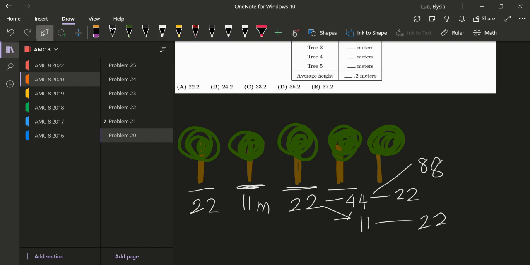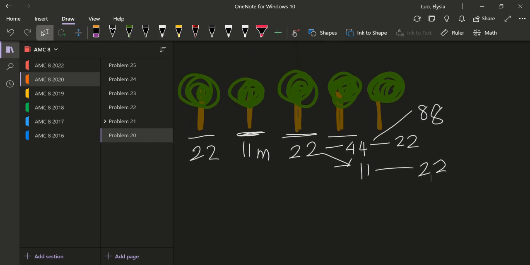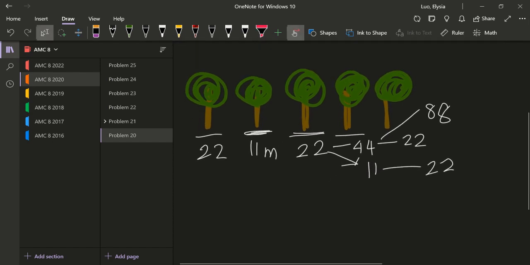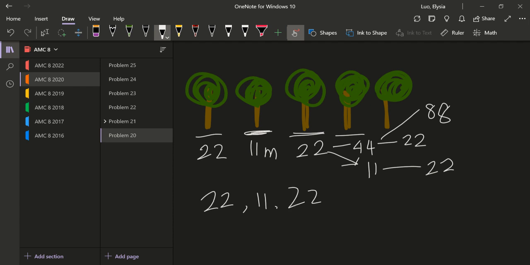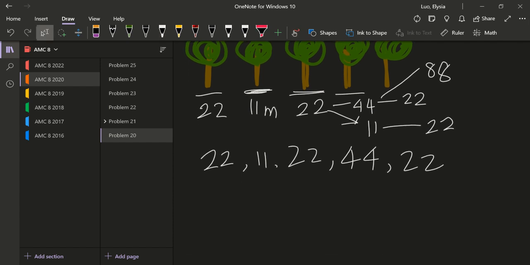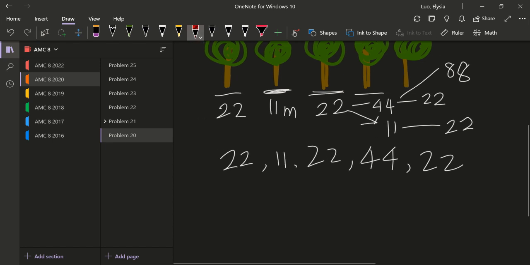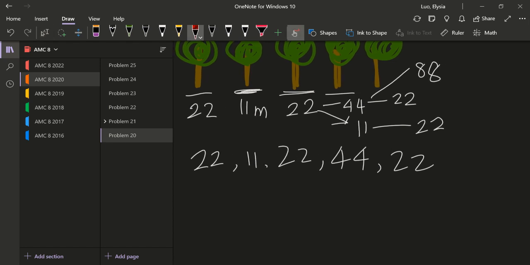So essentially, what we have is a few different options. The first one is 22, 11, 22, 44, and 22. And it goes in order like that.